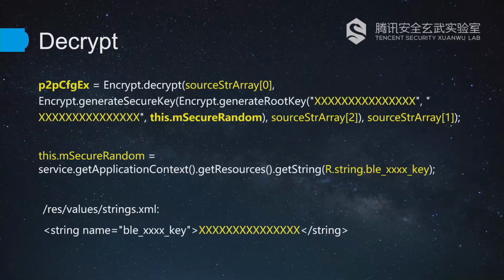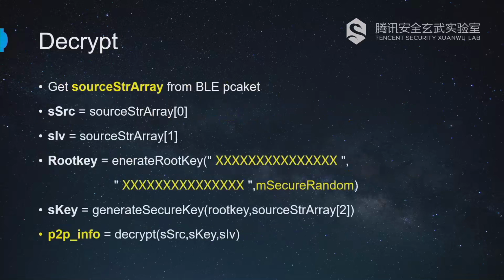So we found that it was stored in some XML file and it is fixed. That's interesting. So now the whole encryption can be broken and we can recover data directly.